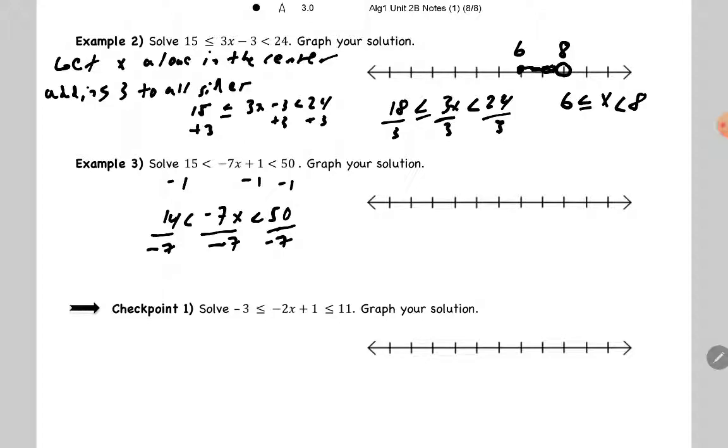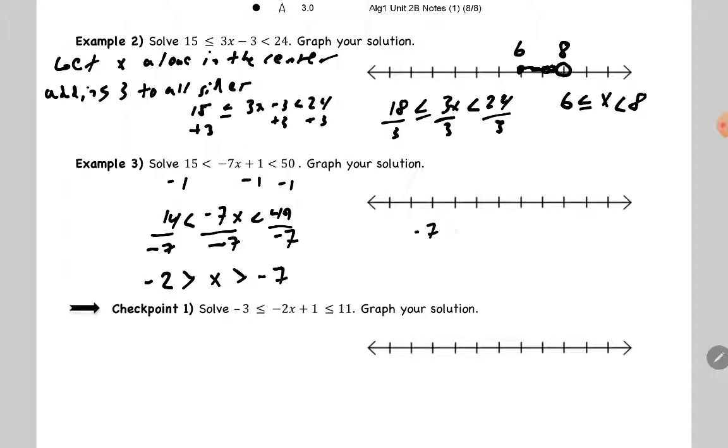So 14 divided by -7 is -2, but remember now the sign flips. We'll get x, sign flips again, which is, oops, I messed up. 50 minus 1 is 49, and then divided by -7 is -7.